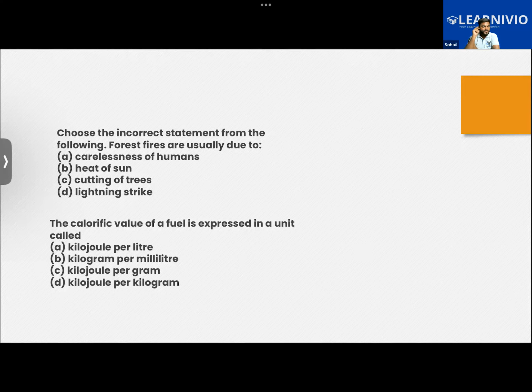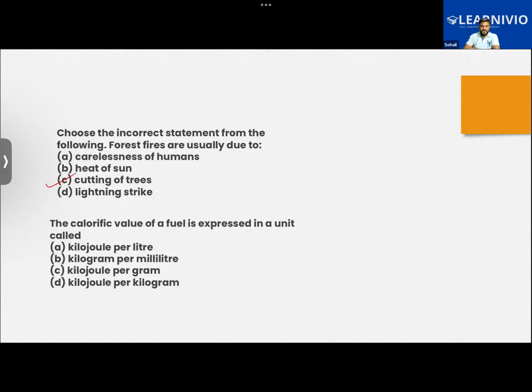Isn't one of the causes carelessness of humans? Someone happens to visit a forest and leaves a burning piece, doesn't extinguish the campfire, or leaves a burning matchstick or lighter. The cutting of trees is not a cause of forest fire. That's an incorrect statement.